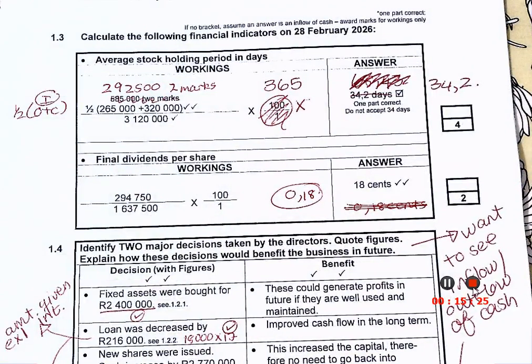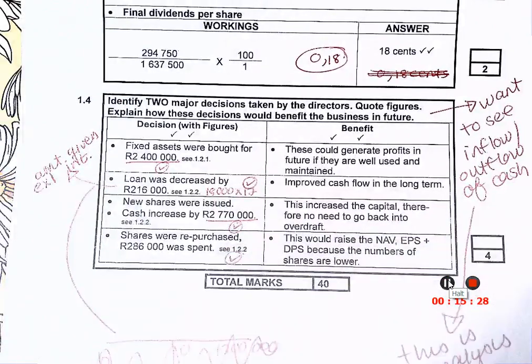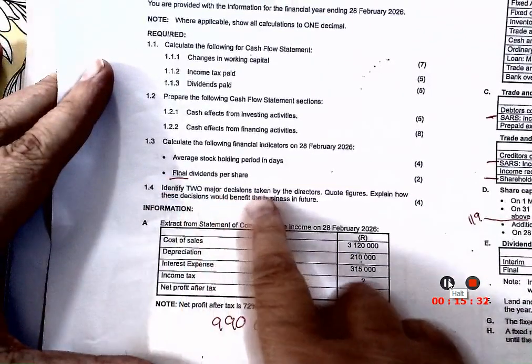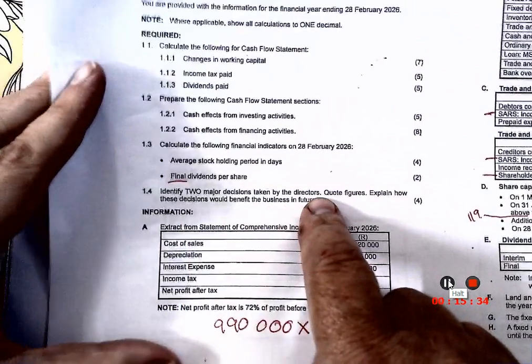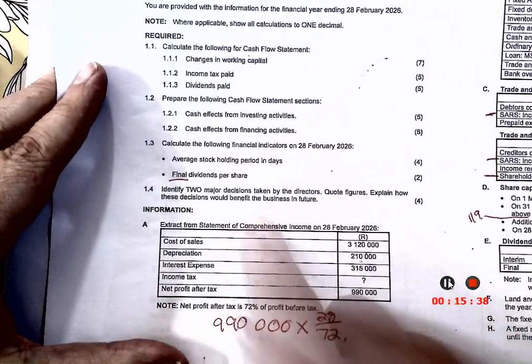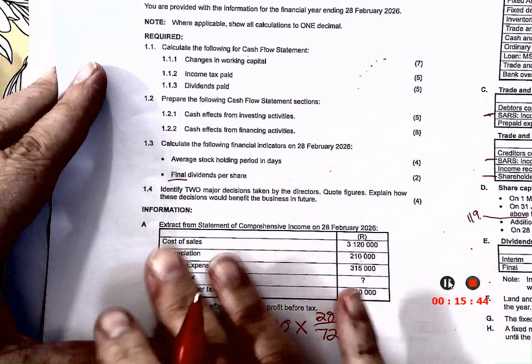Yes. Here, number 1.4. So 1.4, please listen. Identify 2 major decisions taken by the directors. Quote figures. Explain how these decisions would benefit the business in future. Now, I want you to please listen. This is a very popular question.